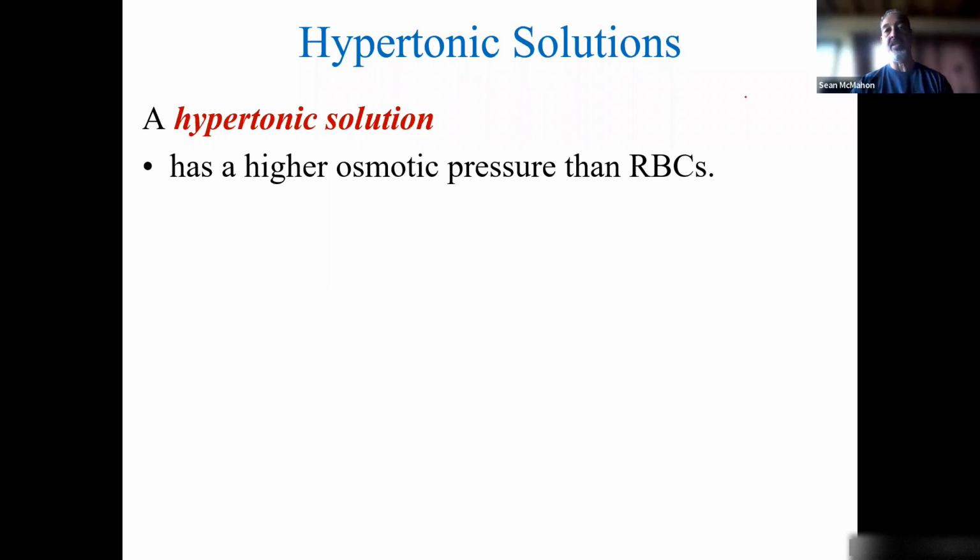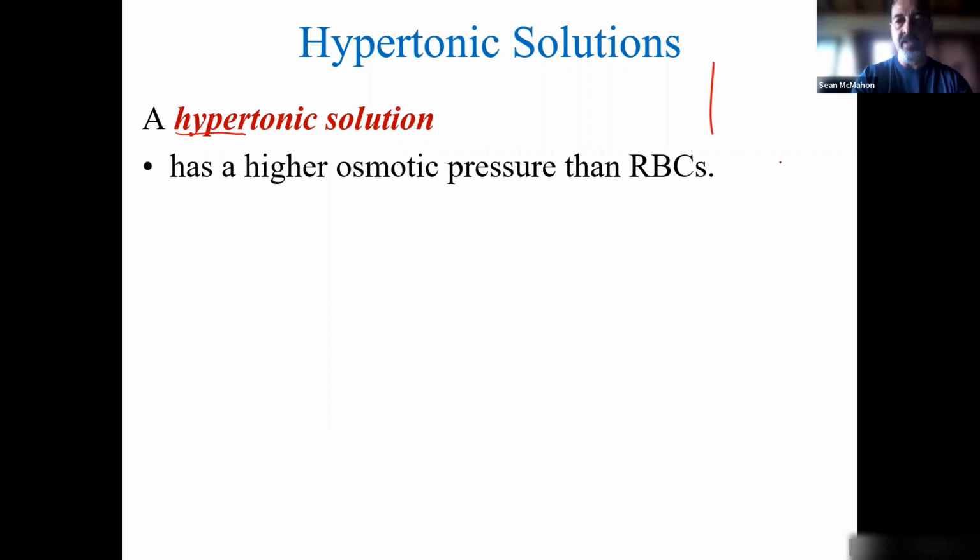With the opposite situation, you could have what's called a hypertonic solution. Just think the term hyper means more, like that kid's really hyperactive. It means they have a lot of energy. Well, a hypertonic solution means I have more solute dissolved in that solution than the red blood cell.